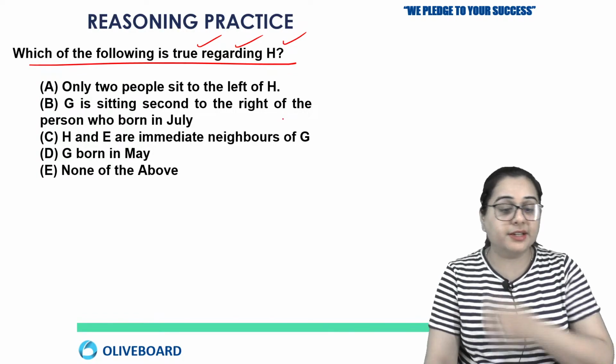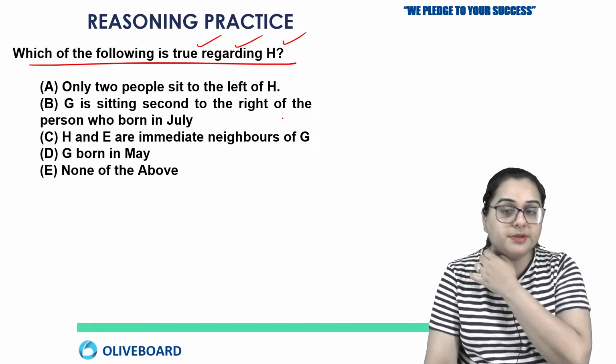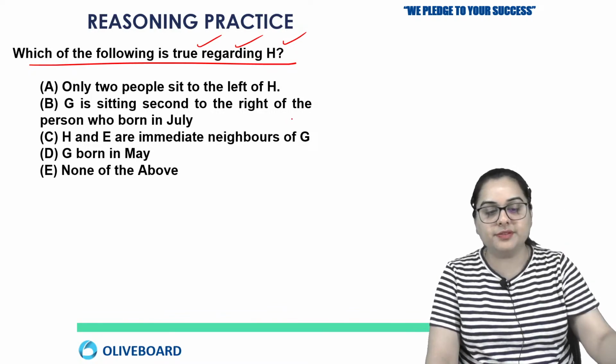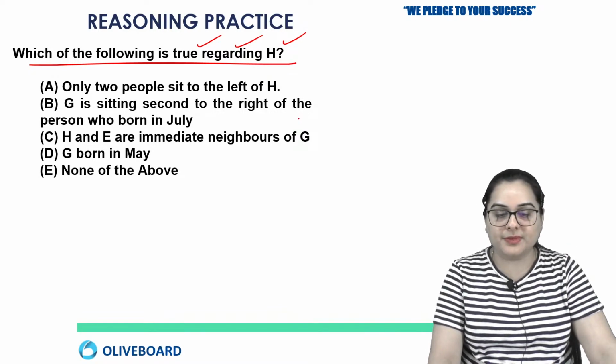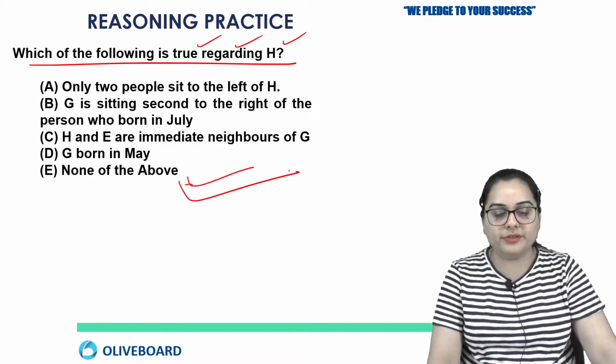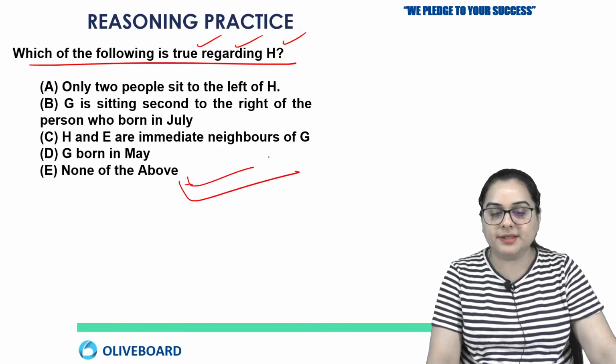The person born in July is I. So G sits second to the right of that person. That is wrong. H and D are immediate neighbors of G. That is also wrong. G is born in May. Again wrong. So here the answer will be none of the above. So I hope this is clear.